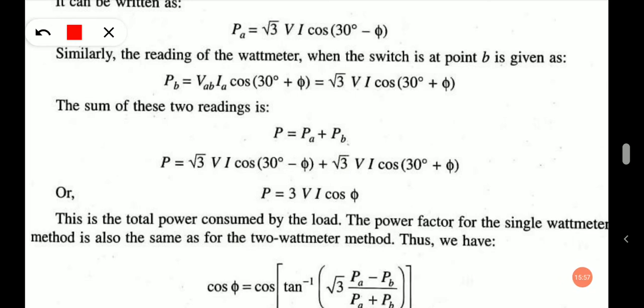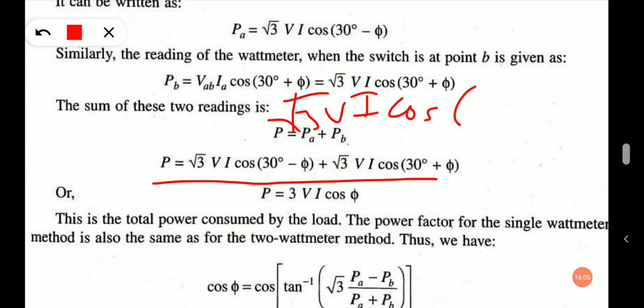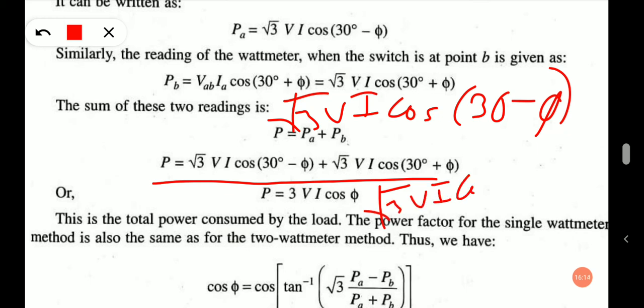If we substitute the values of PA and PB, the first term is root 3 VI cos(30 minus φ) for PA, and the second term is root 3 VI cos(30 plus φ). Only the sign changes there for PB.